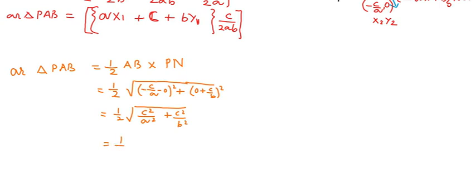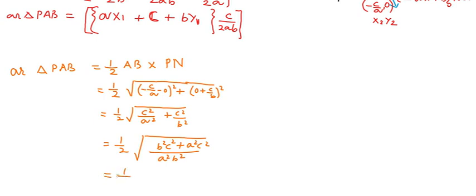Take the LCM A square B square. Then here you will have B square C square and here A square C square.